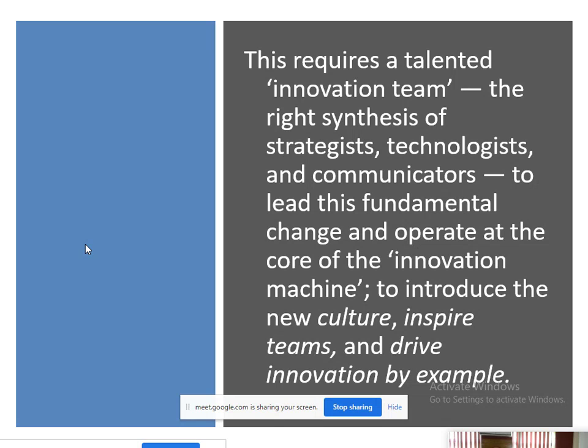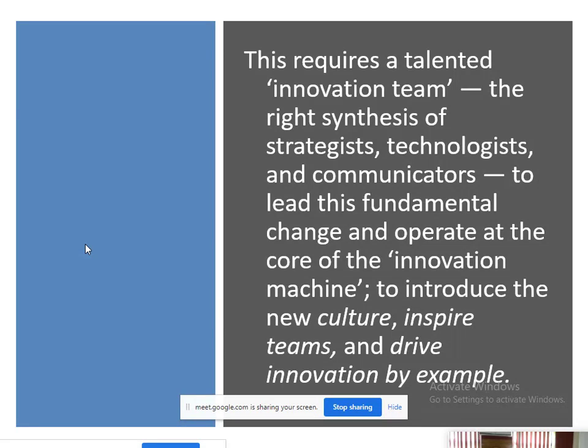So here you can see that it requires an innovation team, the right synthesis of strategists, technologists and communicators. That means in that innovation team, we must have some strategists, some technologists and some communicators to lead this fundamental change and operate at the core of the innovation machine, to introduce the new culture, inspire teams and drive innovation by example.